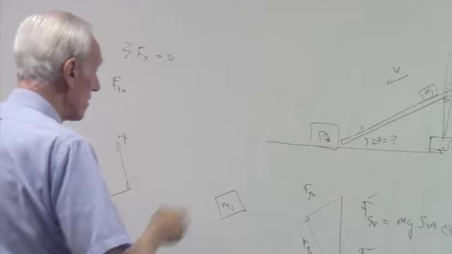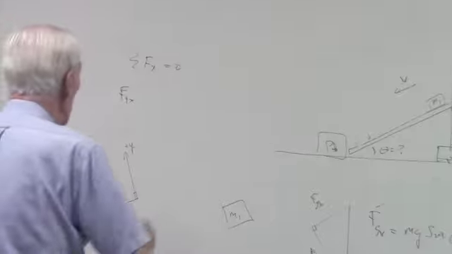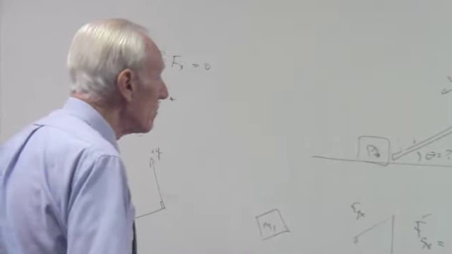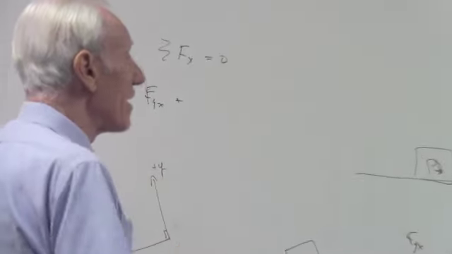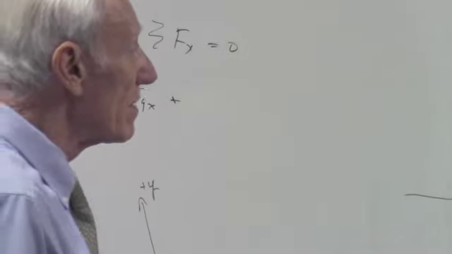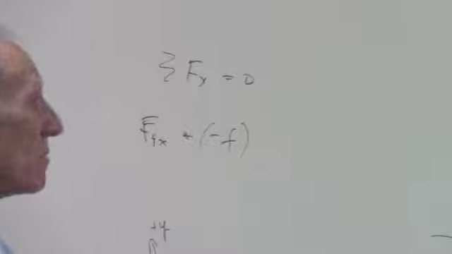I'll write it that way just to keep emphasizing the x direction. And the force wanting it not to slide down the incline, of course you can see from the force diagram, which is really key to figuring out what's going on here, is equal to the friction. And it's in the minus x direction.